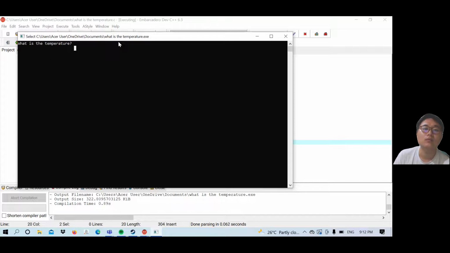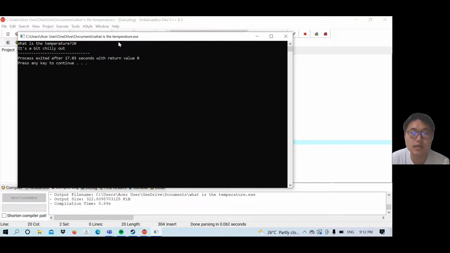What is the temperature? I type 20, and it's a bit chilly out. As you can see here, this is the output for the temperature of 20 degrees Celsius. No, 20 degrees Fahrenheit, to be logical.